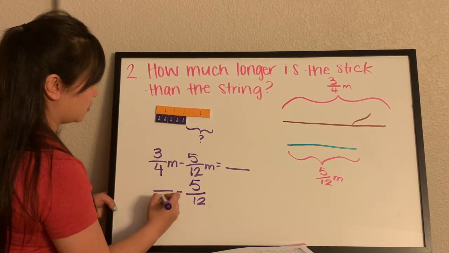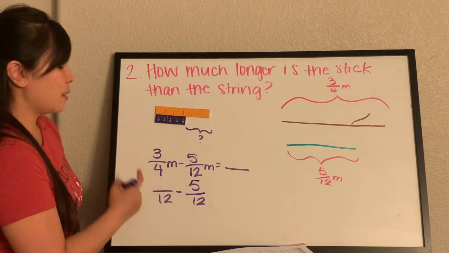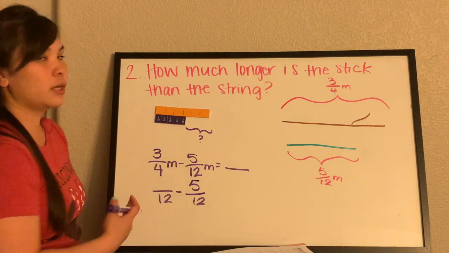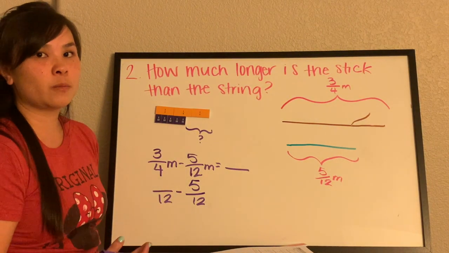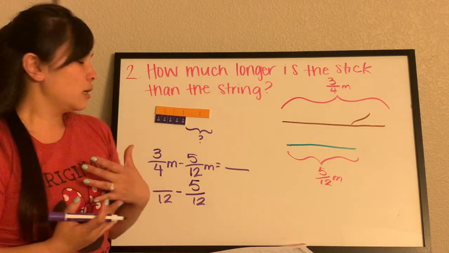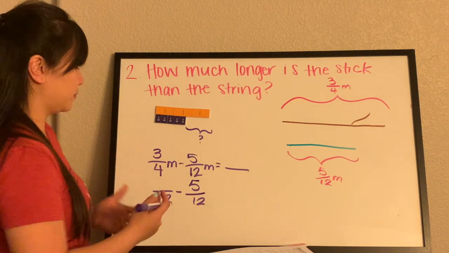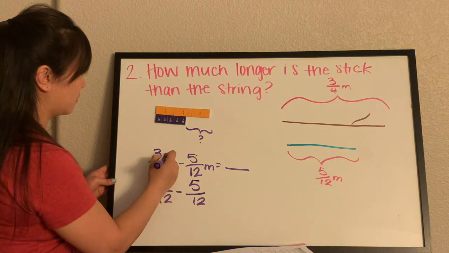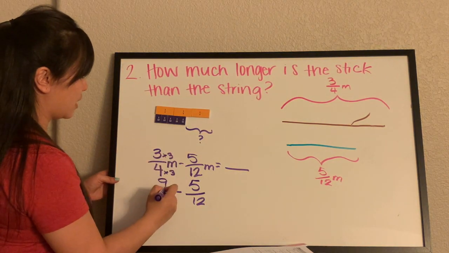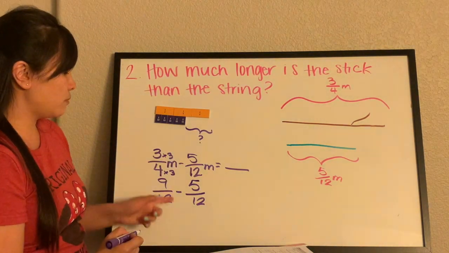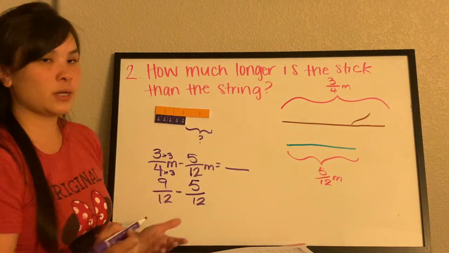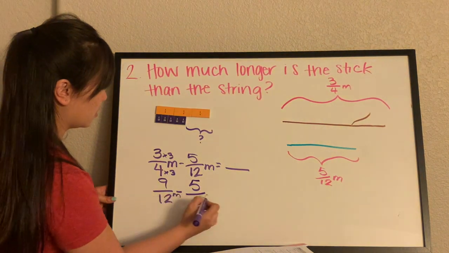And we're going to change the denominator to 12 by multiplying by 3. So if you multiply by 3 to the denominator, you have to multiply the numerator by 3, right? To get 9. So 9/12 minus 5/12 equals what? Oh, I forgot the meters.